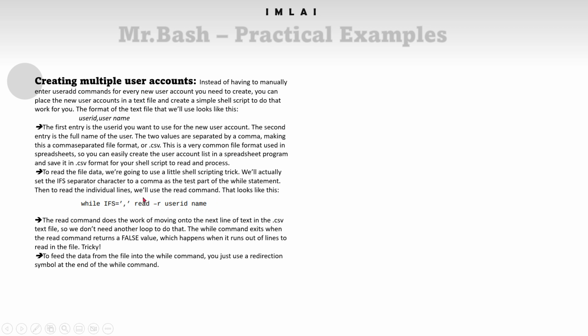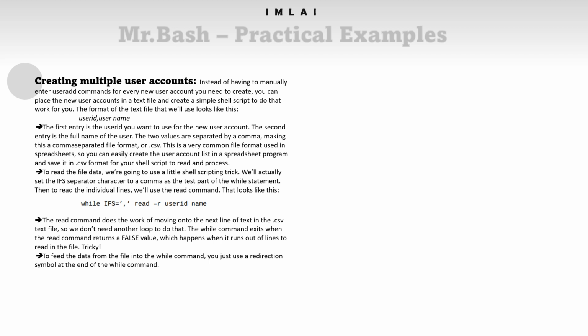So the read command does the work of moving to the next line of text in the .csv text file, so we don't need another loop to do that. The while command exits when the read command returns a false value, which happens when it runs out of lines to read in the file.